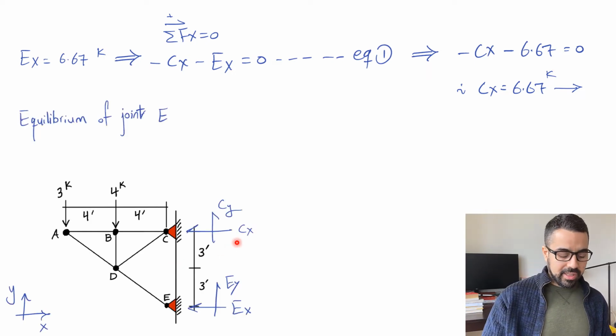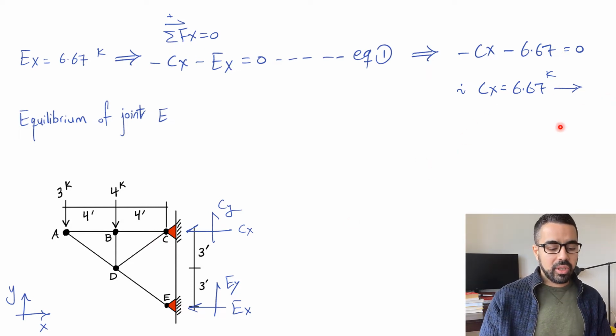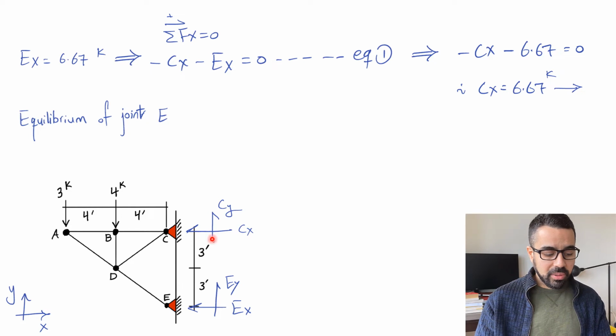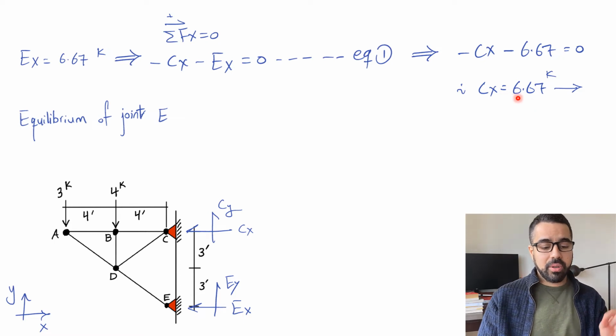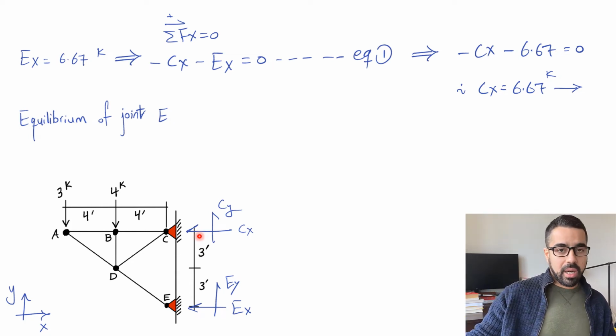So Cx is negative just because we assumed it going leftward, and the reality is it's going that way. That's why. So it's up to you. You can keep it negative and it's directing that way. So when you keep it in this direction, you put Cx equal minus 6.67, or you put it 6.67 and you flip the direction from going to left to going to right.